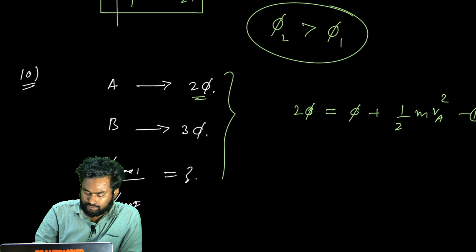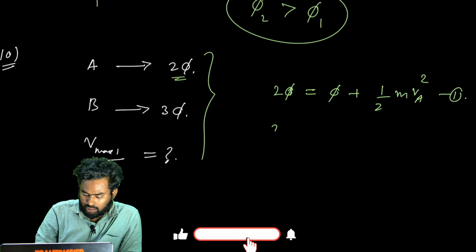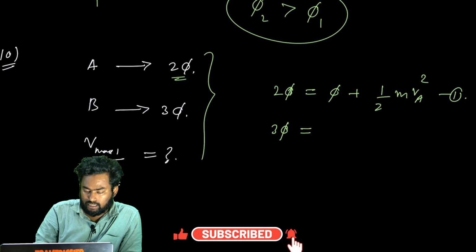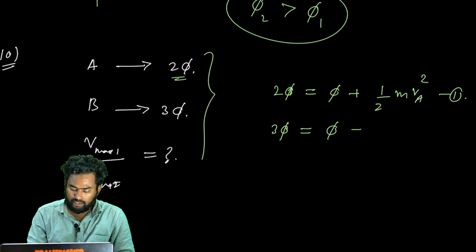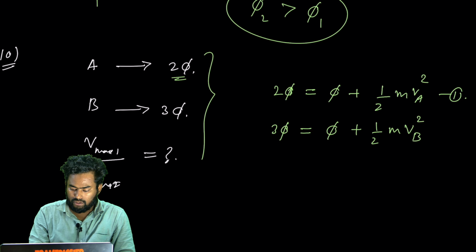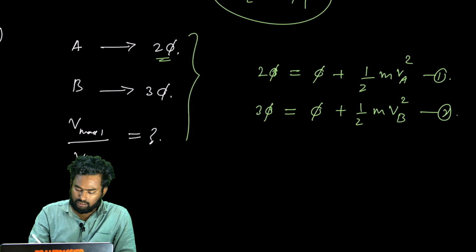Equation number 1. Okay, for the second one we are using thrice, 3 times more energy than the work function. So 3 phi equals work function phi plus half m Vb square, equation number 2. Now we can simply divide them.